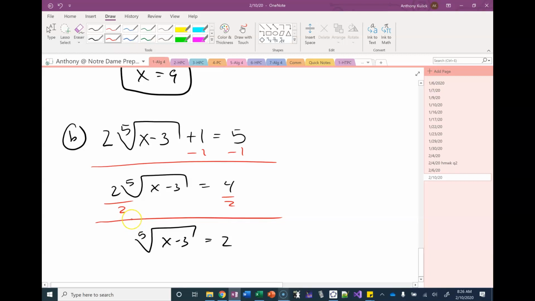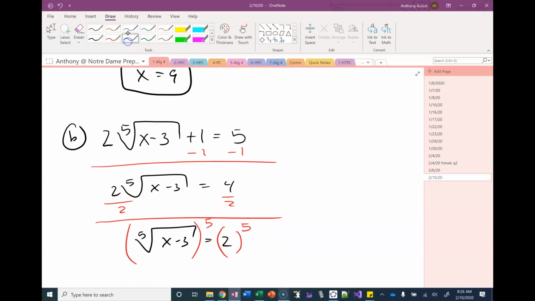Okay, cancel out the 5th root. And how are we going to cancel the 5th root? Not multiplying. We're using a power of 5 or an exponent of 5.